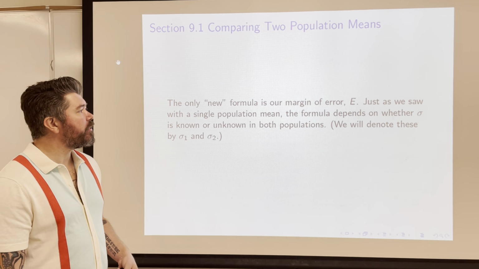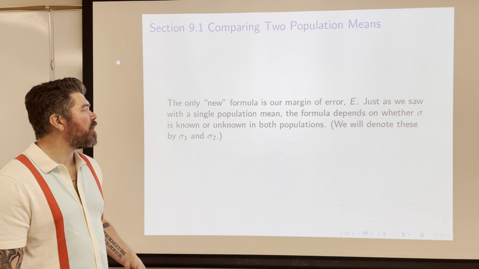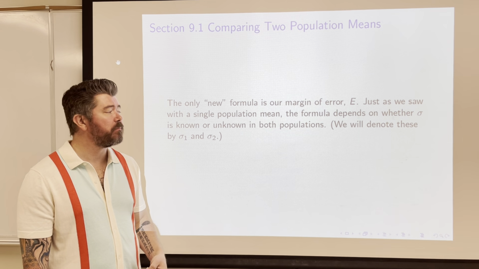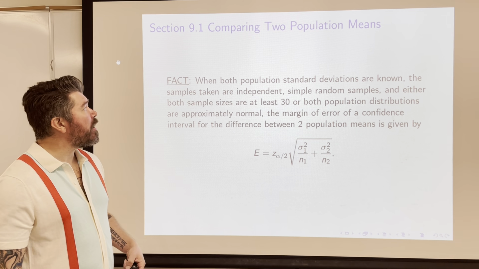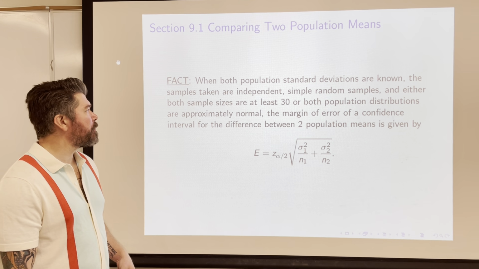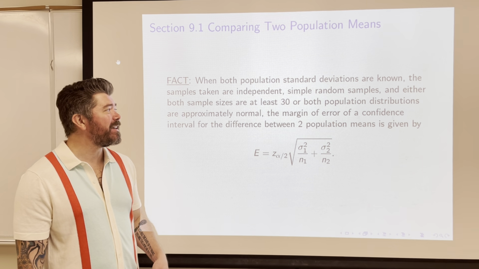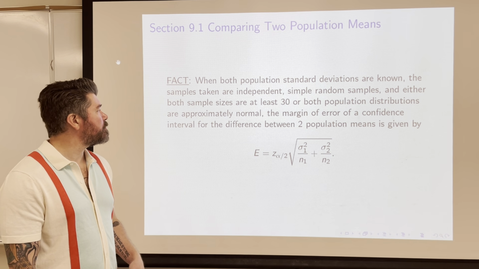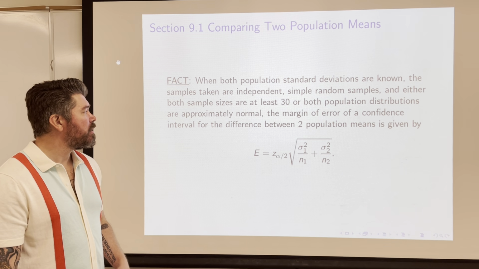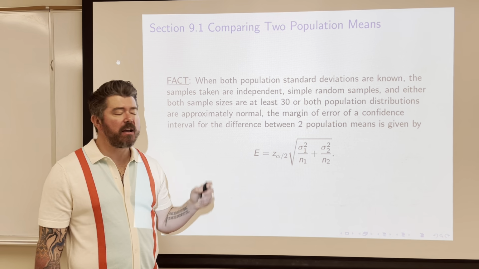Just as we saw with a single population mean, the formula depends on whether sigma is known or unknown in both populations. We will denote these by sigma 1 and sigma 2. So a fact: when both population standard deviations are known, the samples taken are independent, simple random samples, and either both sample sizes are at least 30 or both population distributions are approximately normal, the margin of error of a confidence interval for the difference between two population means is given by this nasty formula.